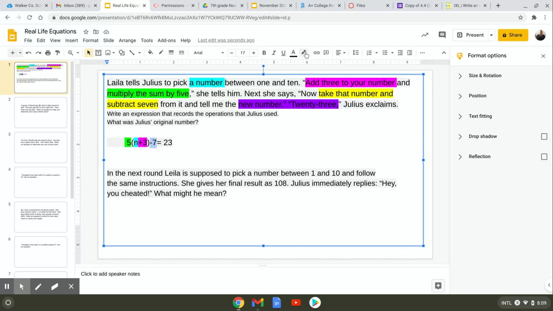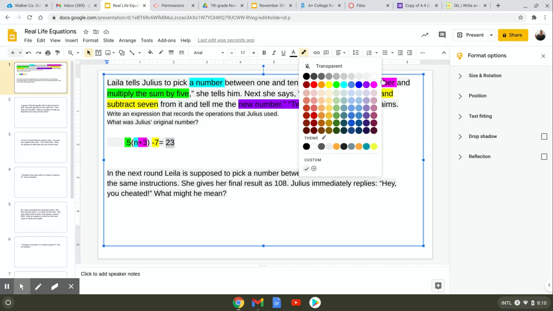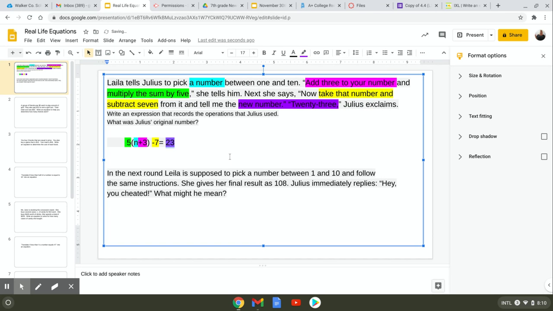We also need to move this 7 over because it's not attached to the parentheses. And then his new number is equal to 23, which is this purple. I just wanted to highlight how it looks in the problem. So this 5 times the sum of n plus 3 minus 7 is equal to 23.